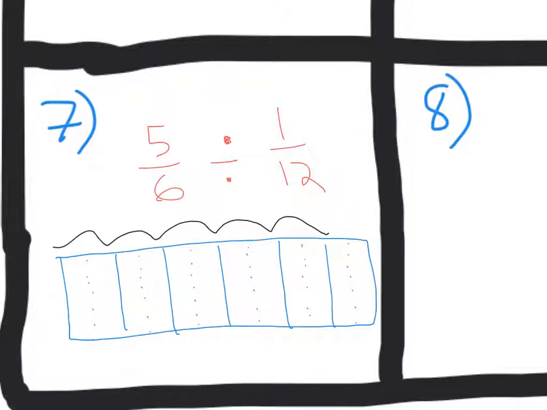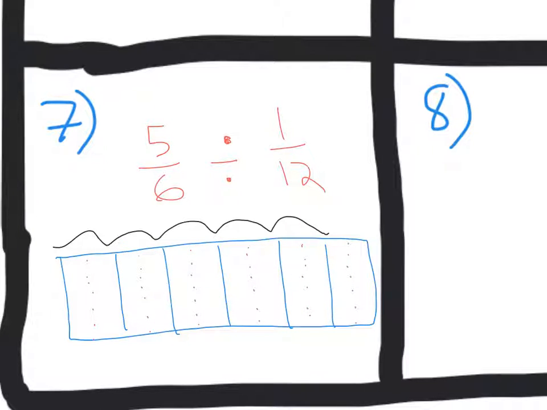And now we have our bar divided into 12 little pieces. If you think of this as a piece, that as a piece, that as a piece. So we've got 1, 2, 3, 4, 5, 6, 7, 8, 9, 10, 11, 12.